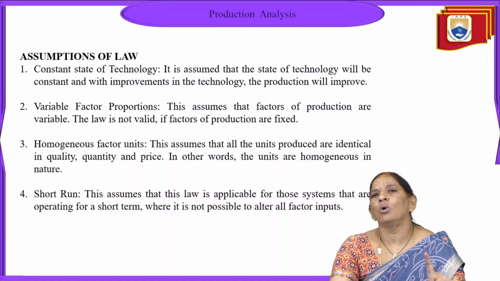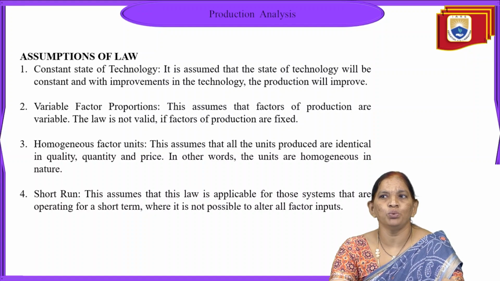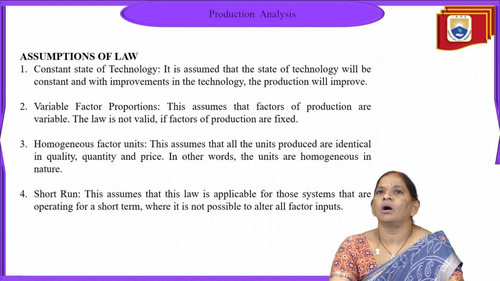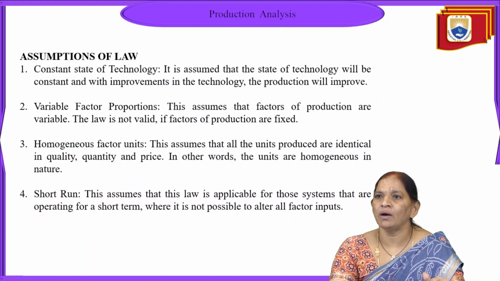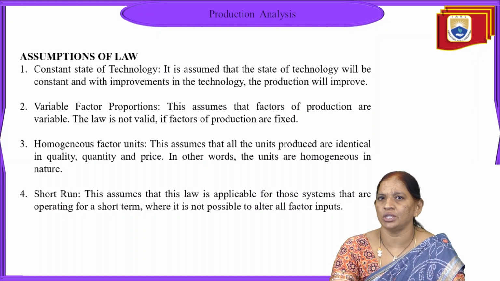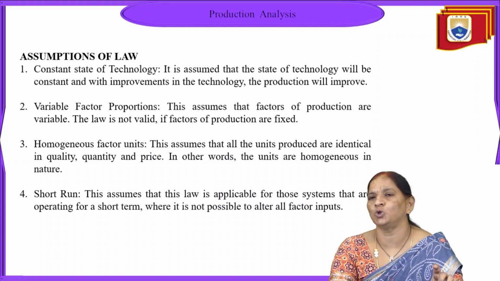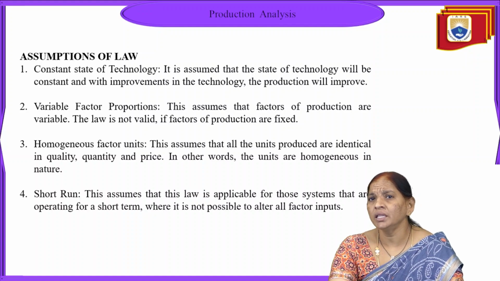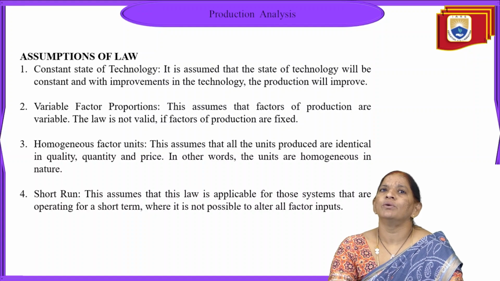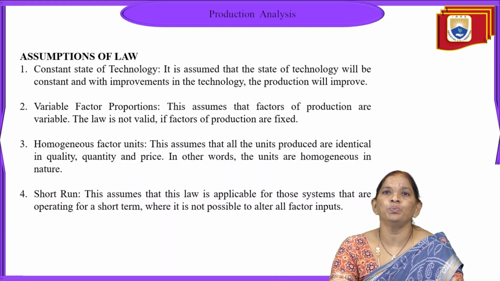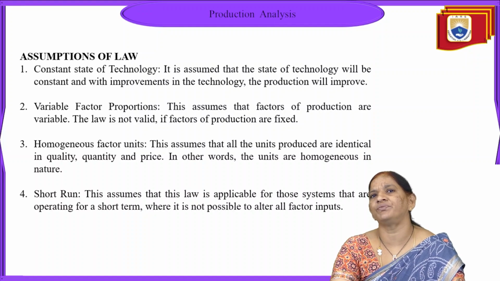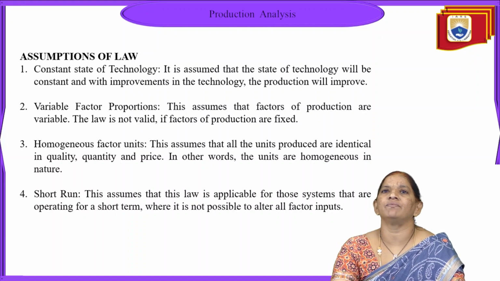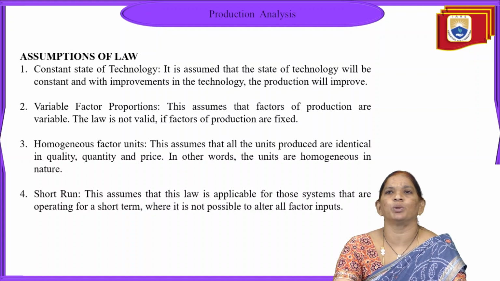Other factors, mainly technology, if improved or changed, will automatically change the total production. So as we have taken labor or capital as the only changeable factors, the technology must be constant. Improvements in technology will improve the production factor. So the first one is the constancy of technology, and the second one is variable factor proportions.